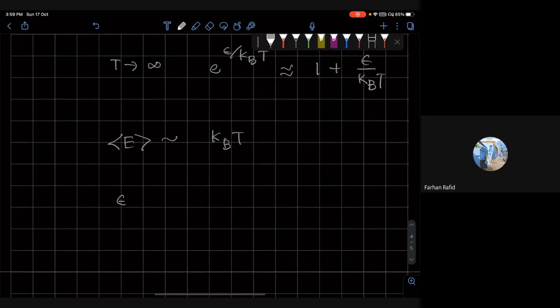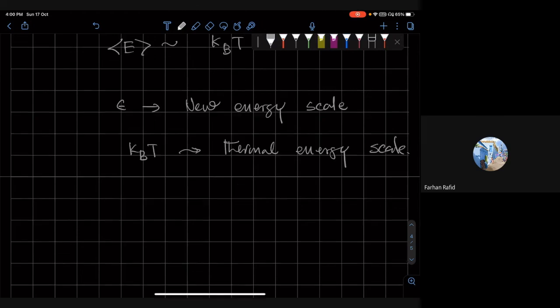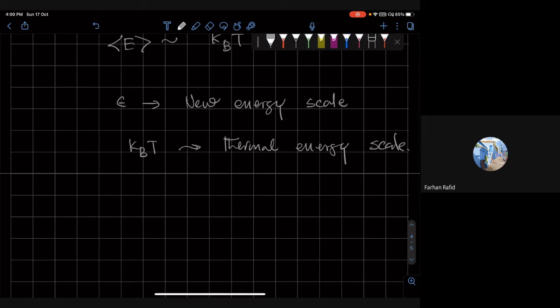Epsilon is a new energy scale. We don't know what it is. Now, kBT is the thermal energy scale, right? Which we are familiar with in classical thermodynamics and classical statistical mechanics.